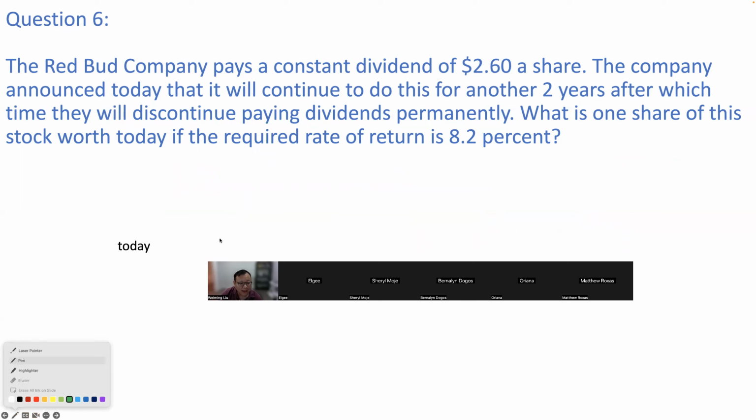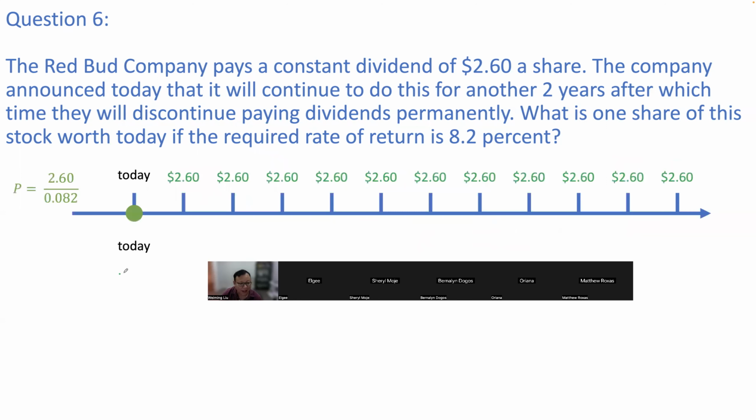Okay, so you like the formula, so let's use those formulas. If this model is a constant dividend payment that lasts forever, that would be a perpetuity. So this continues forever, 2.6, a constant dividend. Then you are comfortable using this formula: your price equals the payment divided by R. Are we clear with this?